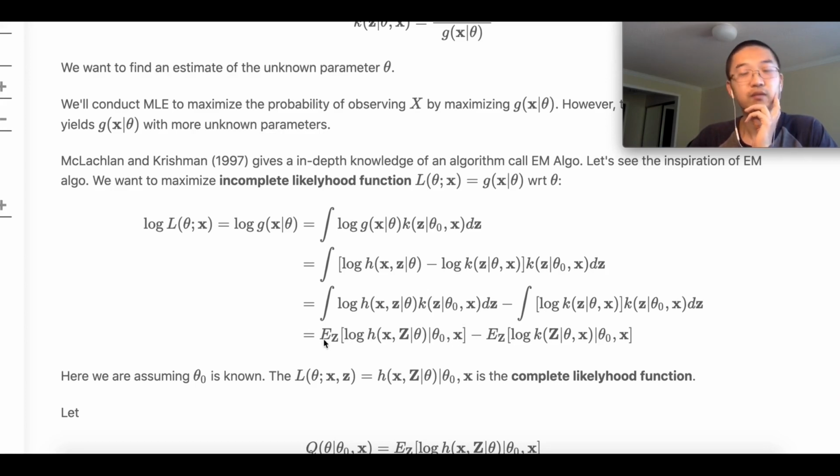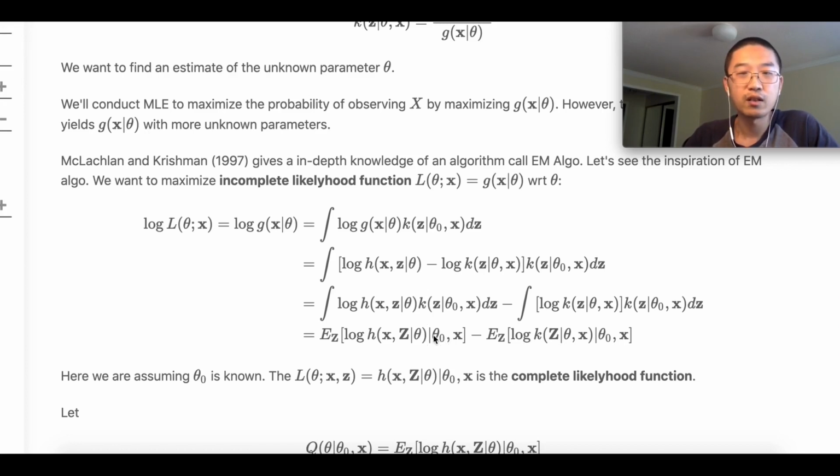The first one is the conditional expectation of z given theta 0 and x on log h, minus the expectation of z conditional on theta 0 and x of log k, log of the PDF k.